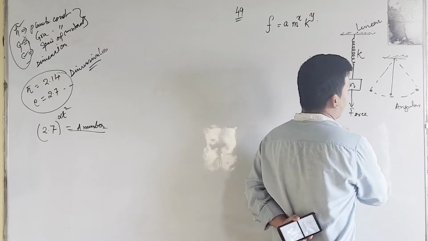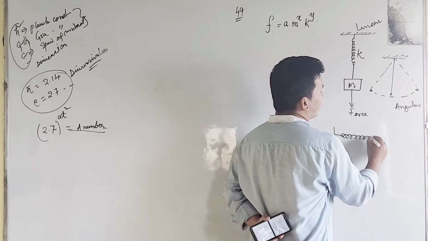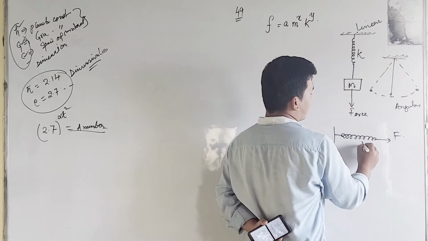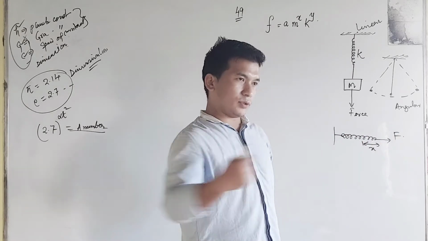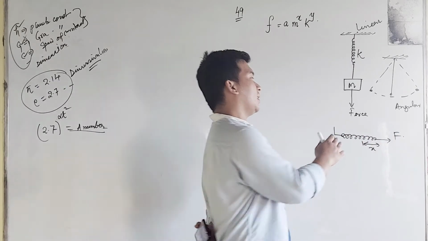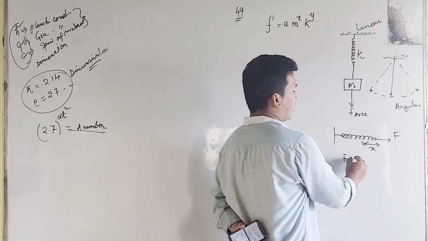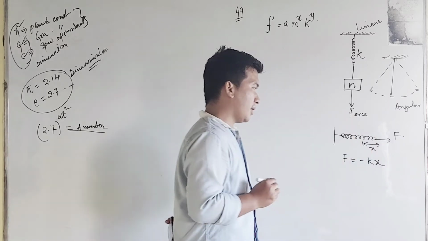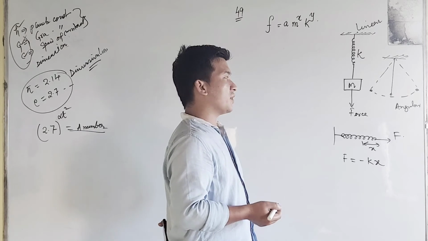Consider the spring, and according to Hooke's law, this is the force F, and the spring is displaced by x. If the spring is pulled out, it increases by x distance. The force F is equal to minus k x, where x is the displacement and k is the spring constant or force constant.